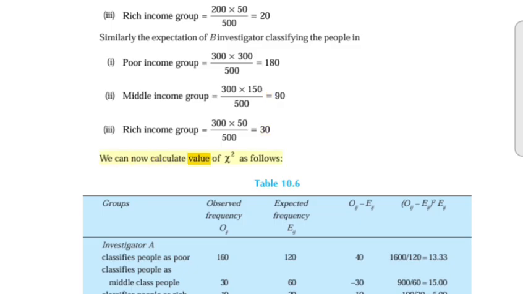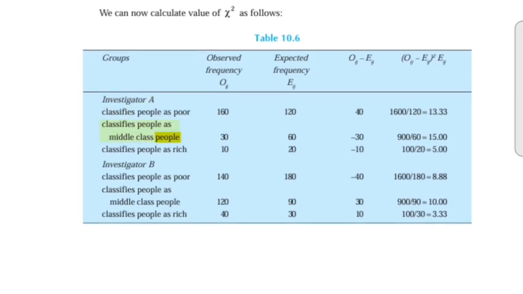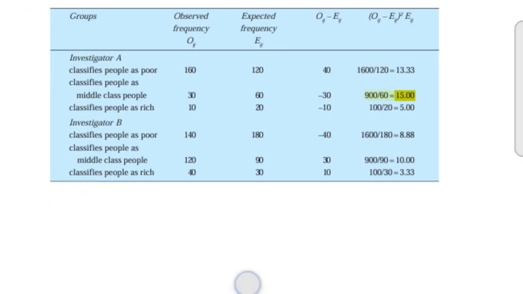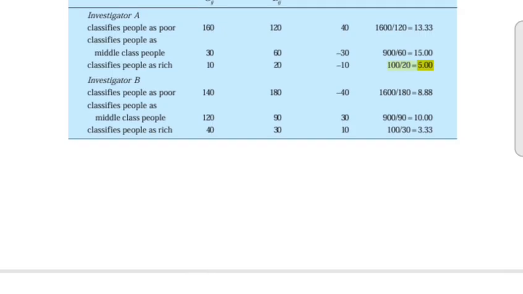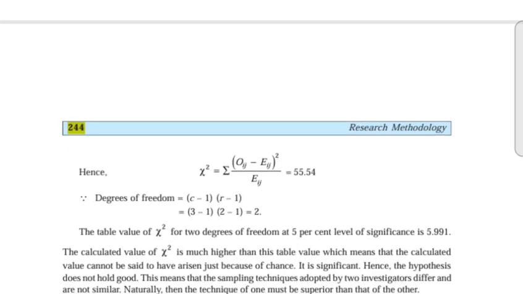We can now calculate the value of chi2 as follows. Table 10.6: observed frequencies for investigator A are 160, 30, 10 and for investigator B are 140, 120, 40. Expected frequencies are 120, 60, 20 for A and 180, 90, 30 for B. The contributions are 13.33, 15.00, 5.00, 8.88, 10.00 and 3.33.